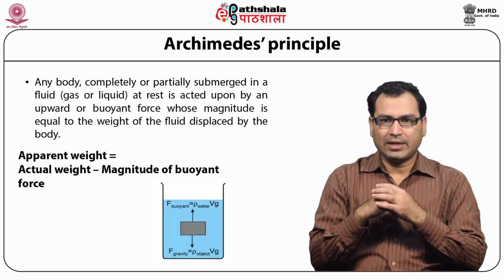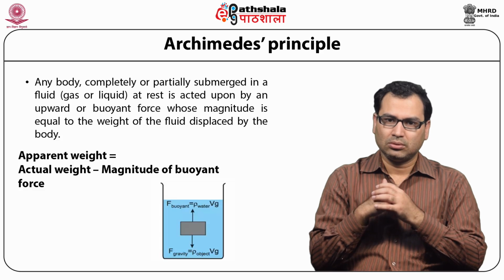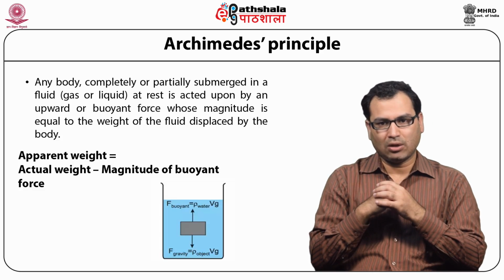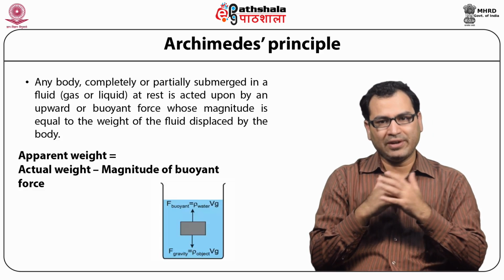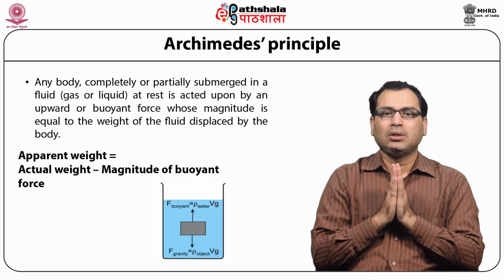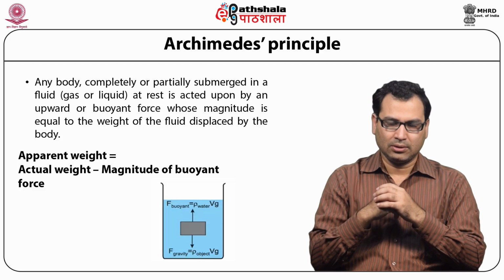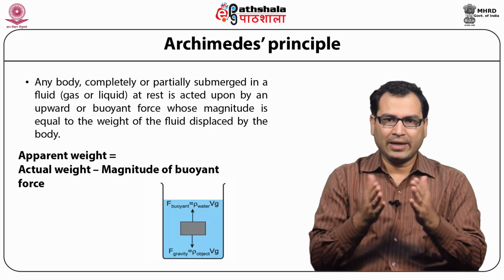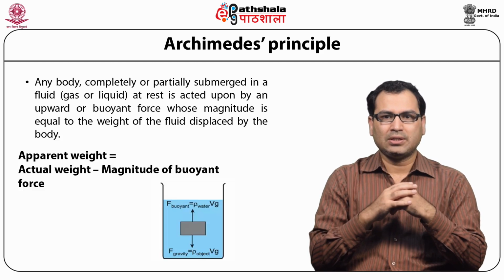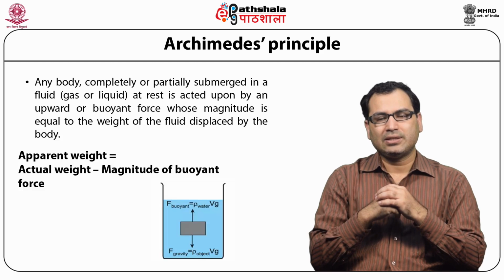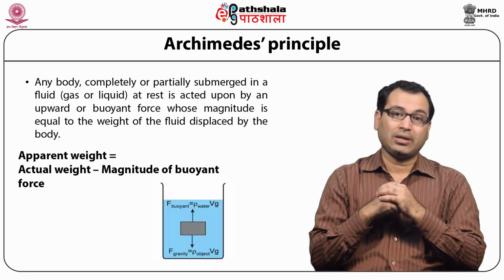The mass is basically the density times the volume. That is the weight, the first force, which is acting downwards on the block. If it is floating inside the fluid, the buoyant force also has to be equal to the weight. So in that case, the density of the block and the density of the water have to match.